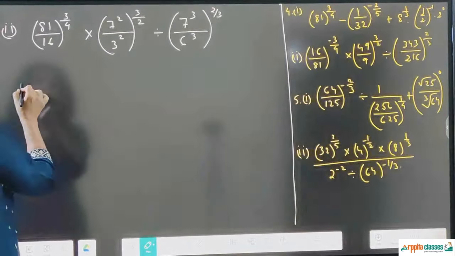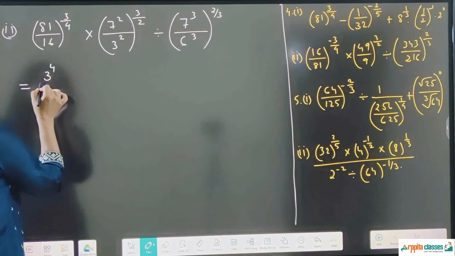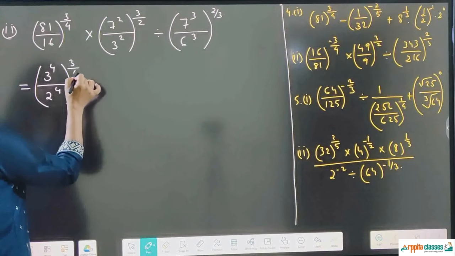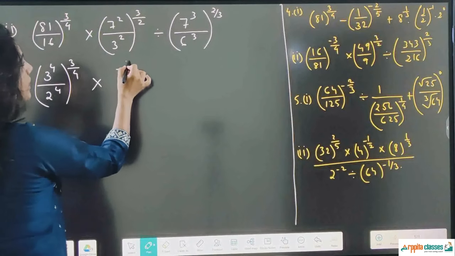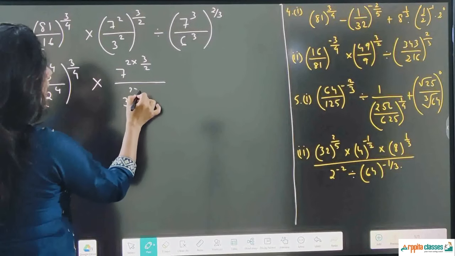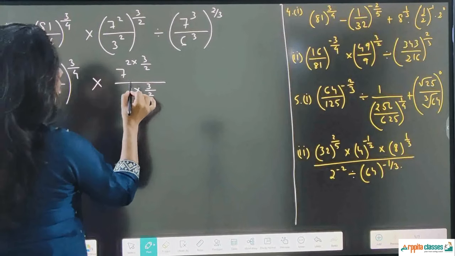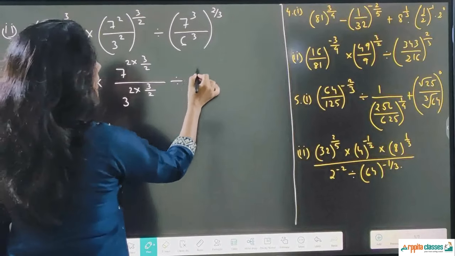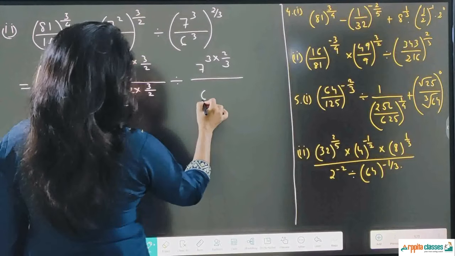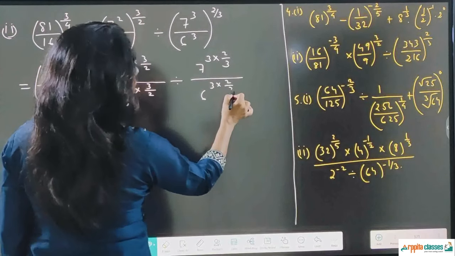Okay, so now 81 can be written as 3 to the power 4, 16 is 2 to the power 4, whole to the power 3 by 4, into 7 square into 3 by 2 divided by 3 square into 3 by 2, divided by 7 cube into 2 by 3 divided by 6 cube into 2 by 3.